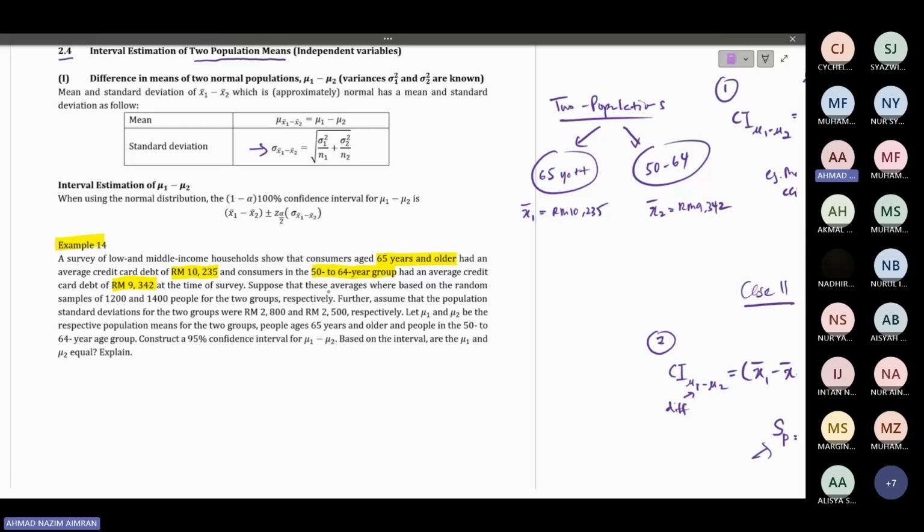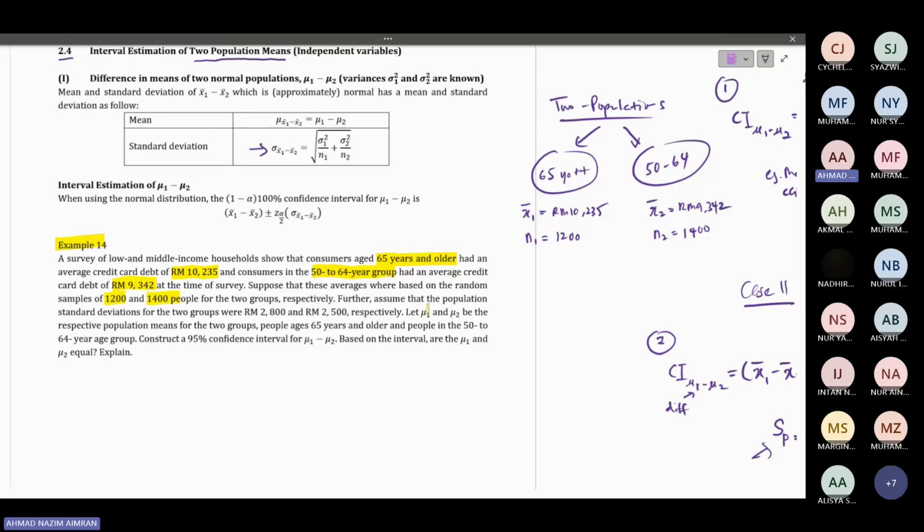Suppose these averages were based on random samples: the sample of the first group is 1,200, and the sample for group number two is 1,400.